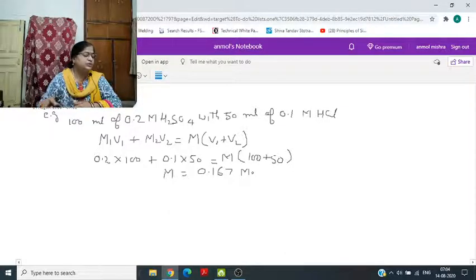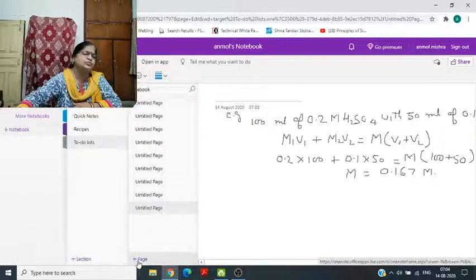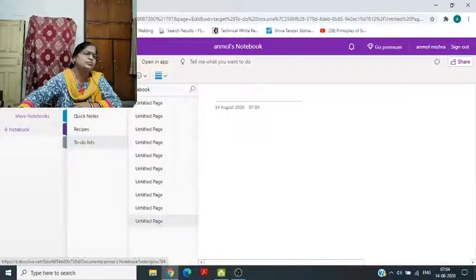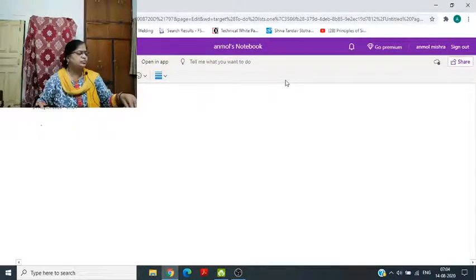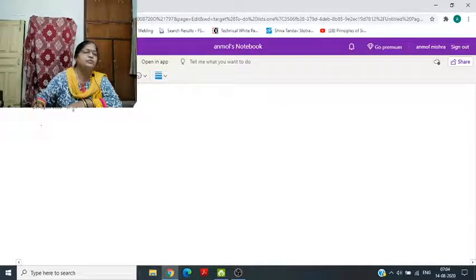One more numerical we can do, because mole fraction is also there. For example, I will take an example which is not given in your book.